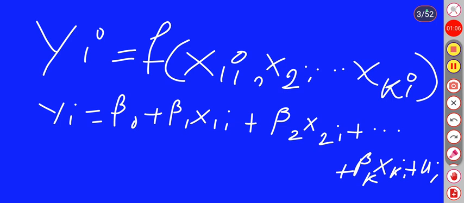With parameter beta, we can write yi is equal to beta naught plus beta 1 x1i plus beta 2 x2i plus beta 3 x3i plus up to beta k xki. Here i is running from 1 to n.